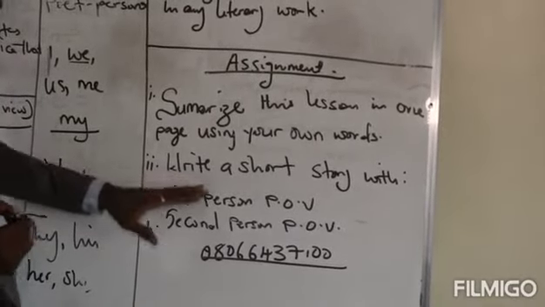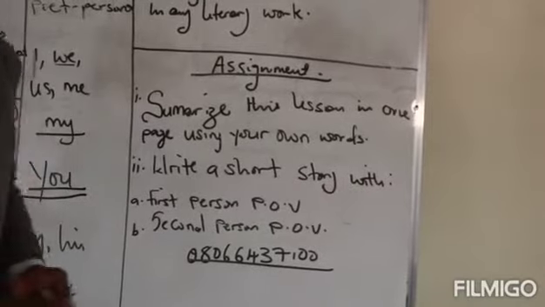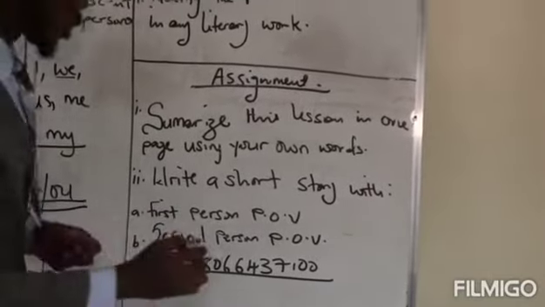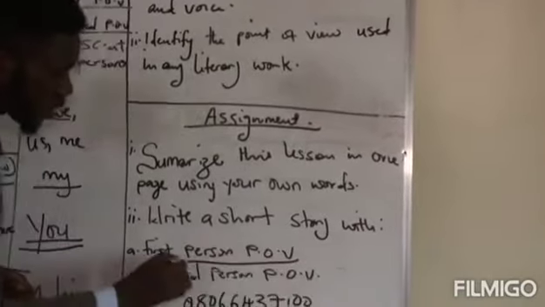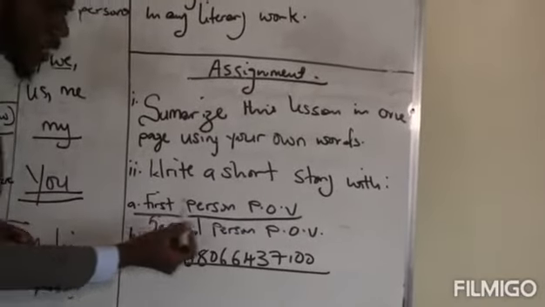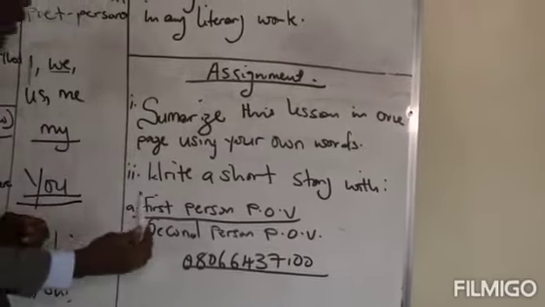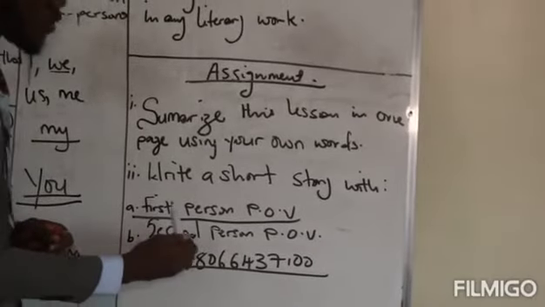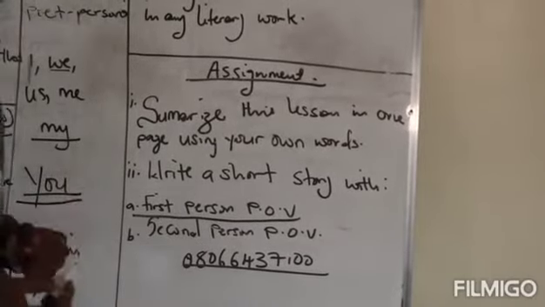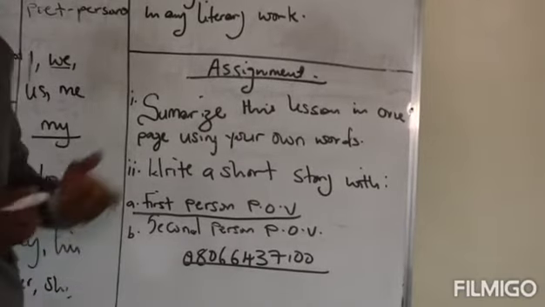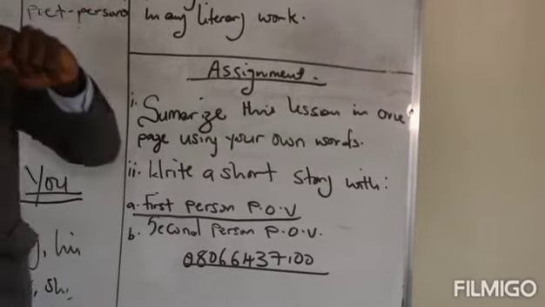And then secondly, write a short story. This second one means write a short story. And that short story should run in the first person point of view. If you understand what point of view it talks about, write me a short story using the first person point of view. That is to say, write a short story that you are involved in.